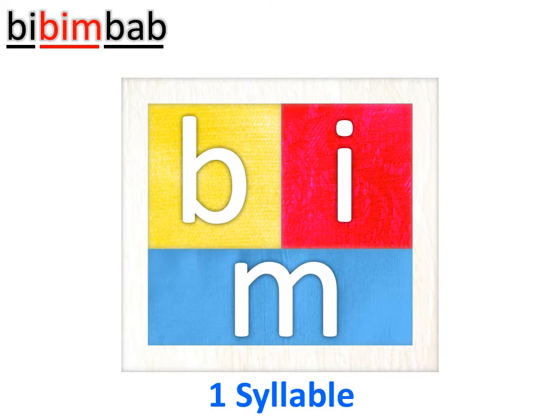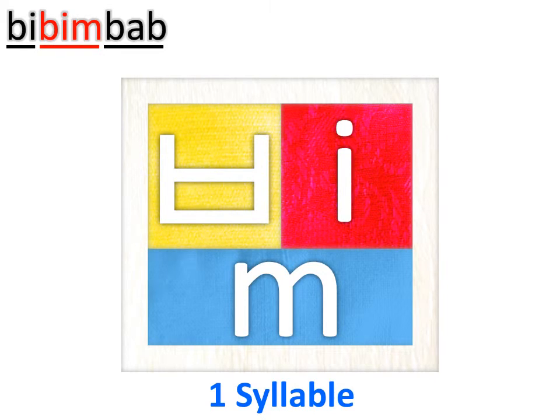And can you guess what shape would this B sound look like in Korean? Well, have a guess, see if it fits into your imagination. It looks nothing like English alphabet B, and it rather looks like this.